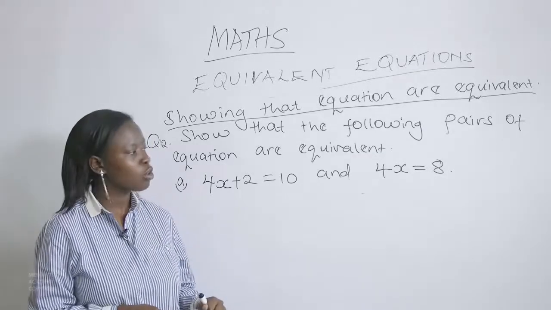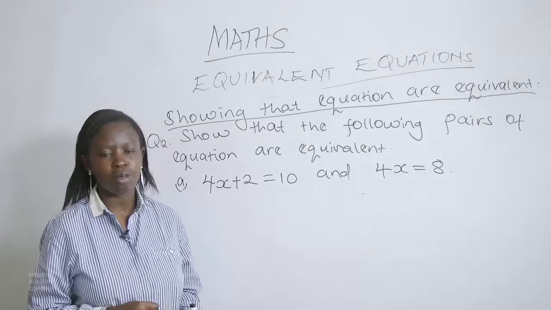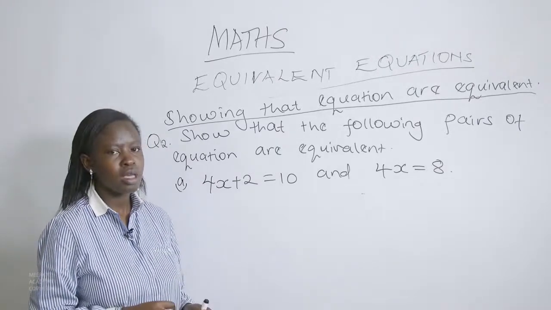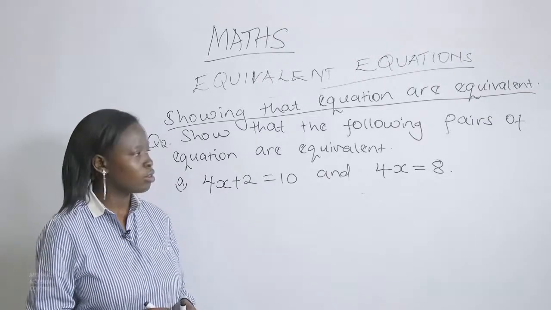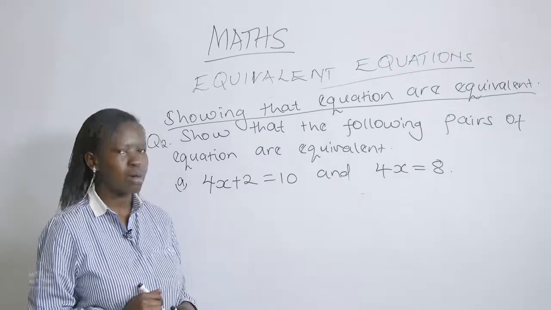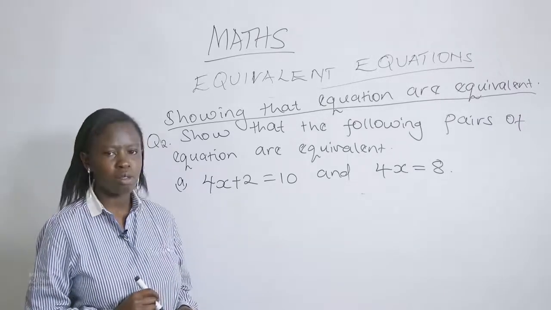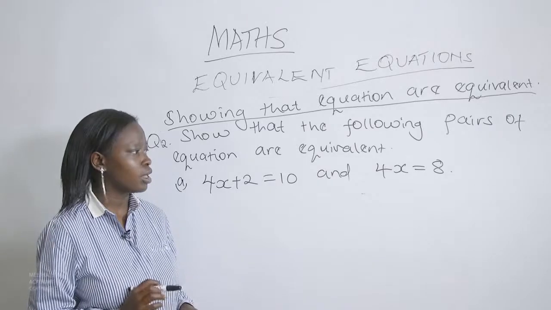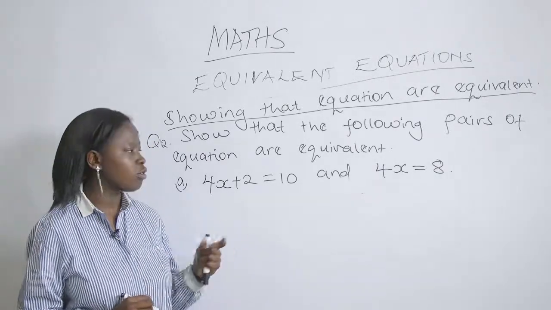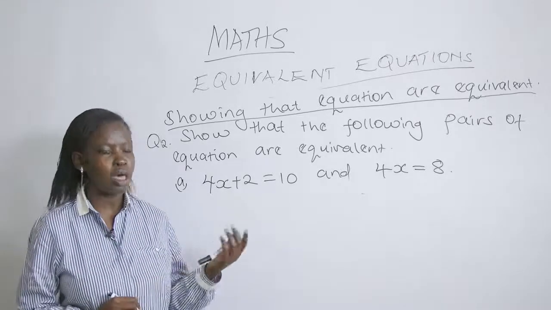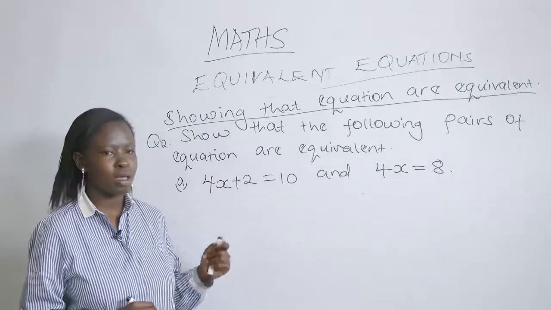We can show that equations are equivalent by either adding a number on both sides, subtracting a number on both sides, multiplying a number on both sides that is not a 0, dividing a number on both sides and the number should not be a 0, and finally swapping the left hand side and the right hand side. So with these equations we need to apply the 5 rules and find out which one has been applied in each case.